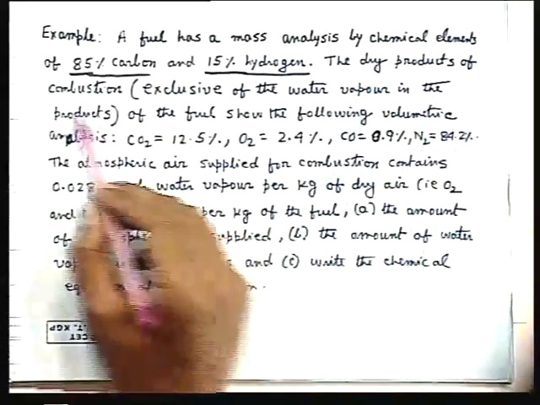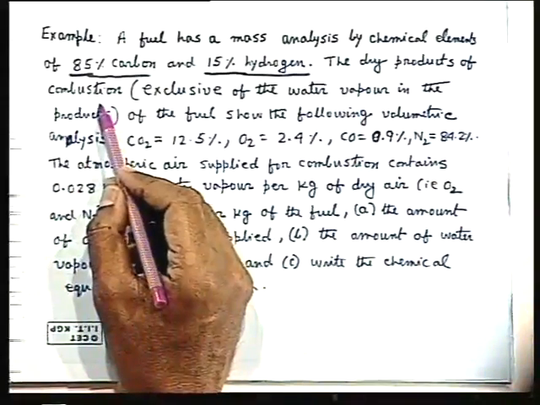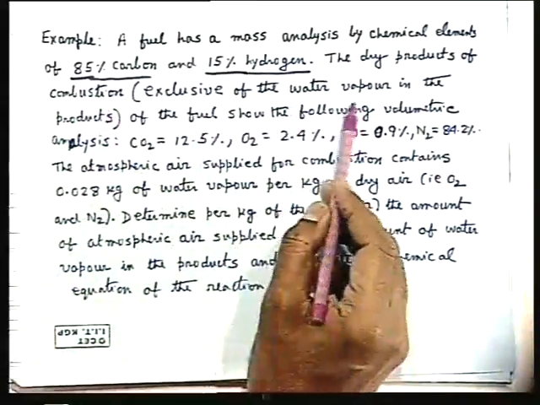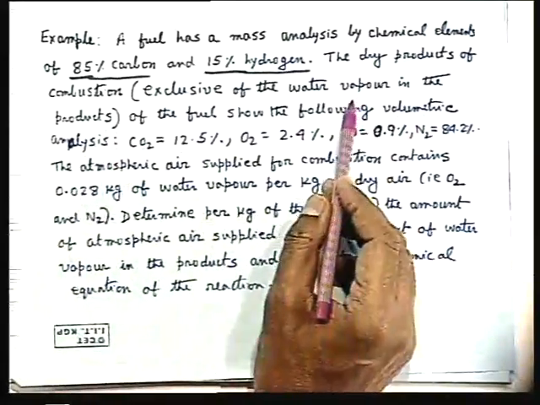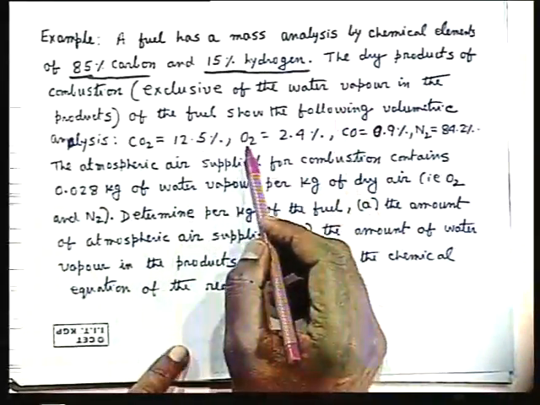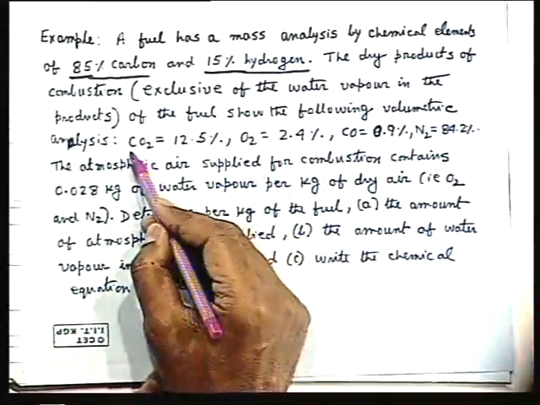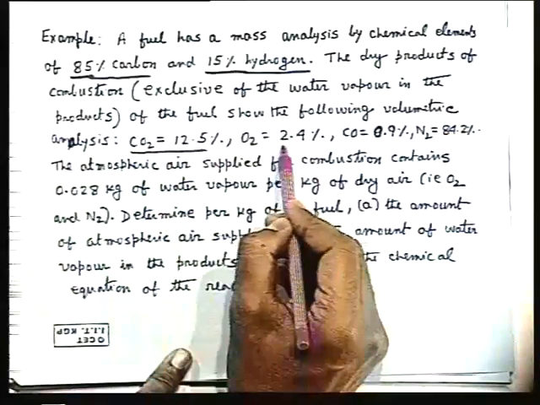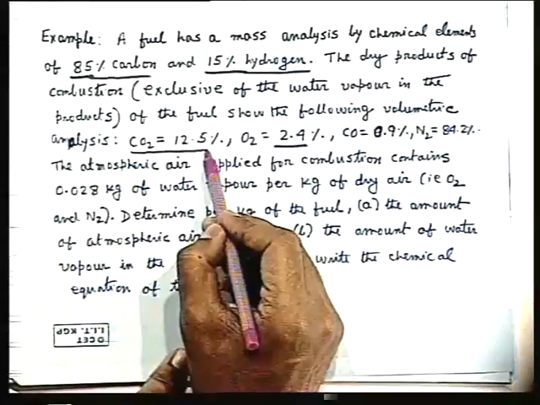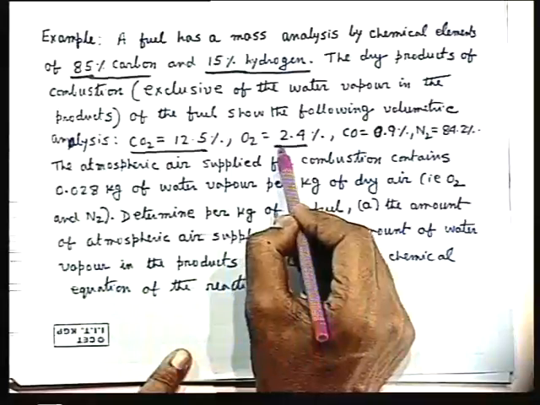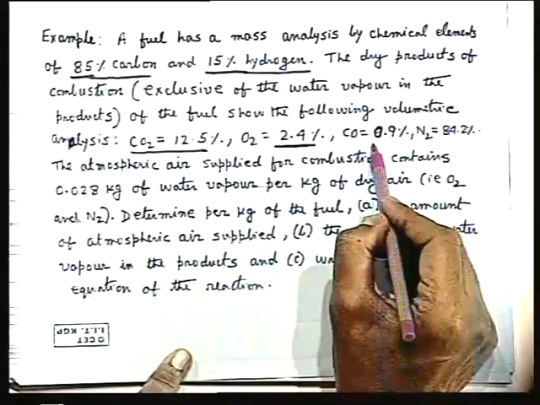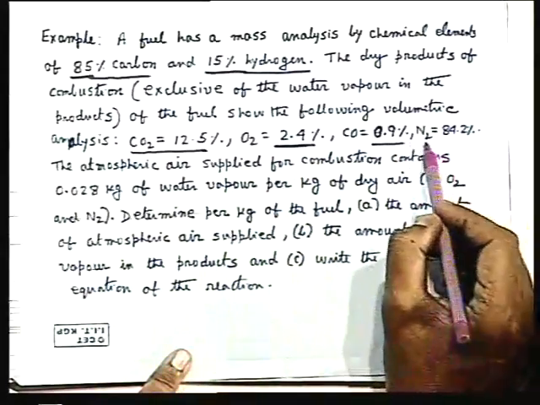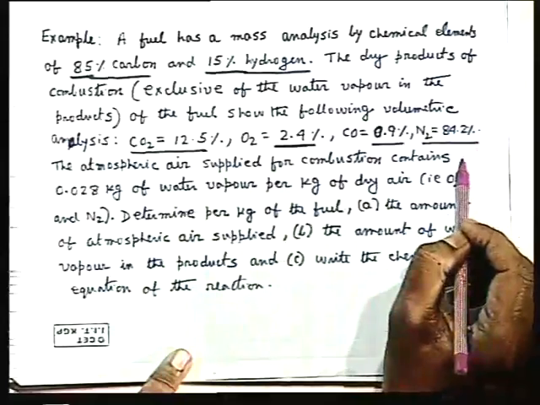The dry products of combustion, exclusive of the water vapor in the products, show the following volumetric analysis, by volume: carbon dioxide 12.5%, oxygen 2.4%, carbon monoxide 0.9% and nitrogen 84.2%.